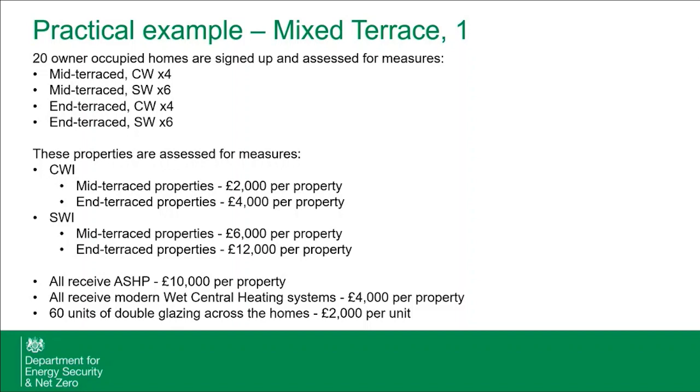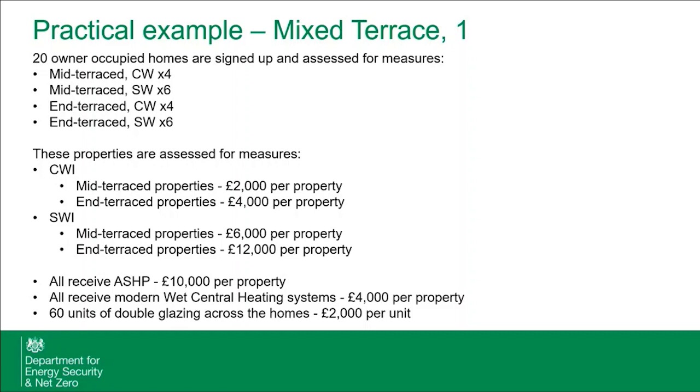The properties are assessed for measures, and on average, these are the measure costs you receive for those properties. Again, I know that these might not be representative of the costs you're receiving, just an example. So mid-terrace to end terrace properties will range between £2,000 per property to £4,000. Solid wall will be 6,000 to 12,000.